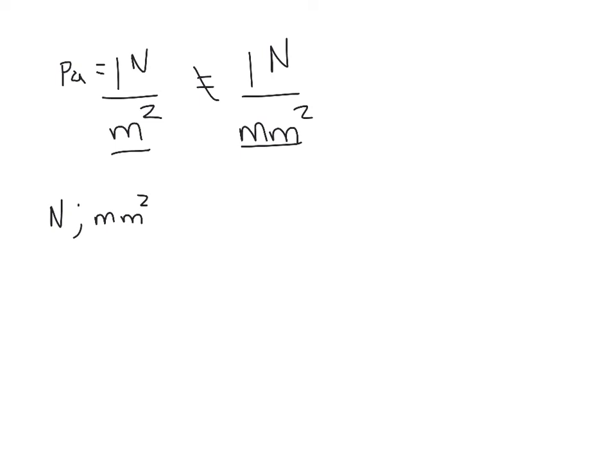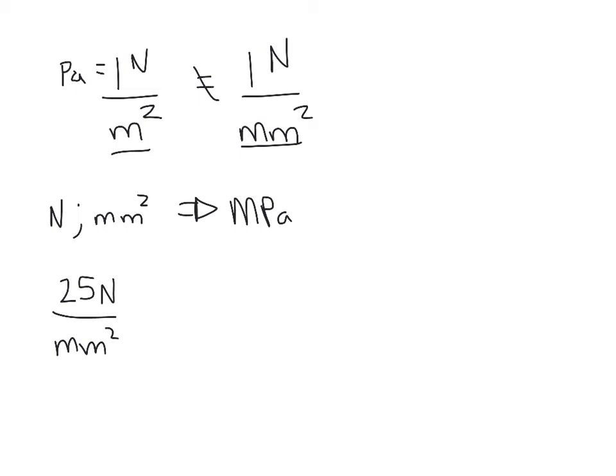And the trick is to take newtons and millimeters squared and have the answer become megapascals through basic conversion. So for example, you might end up with an answer of 25 newtons per millimeter squared. And I'm going to need to convert this. I'm going to need to convert the millimeter squared to meter squared to get Pascal.